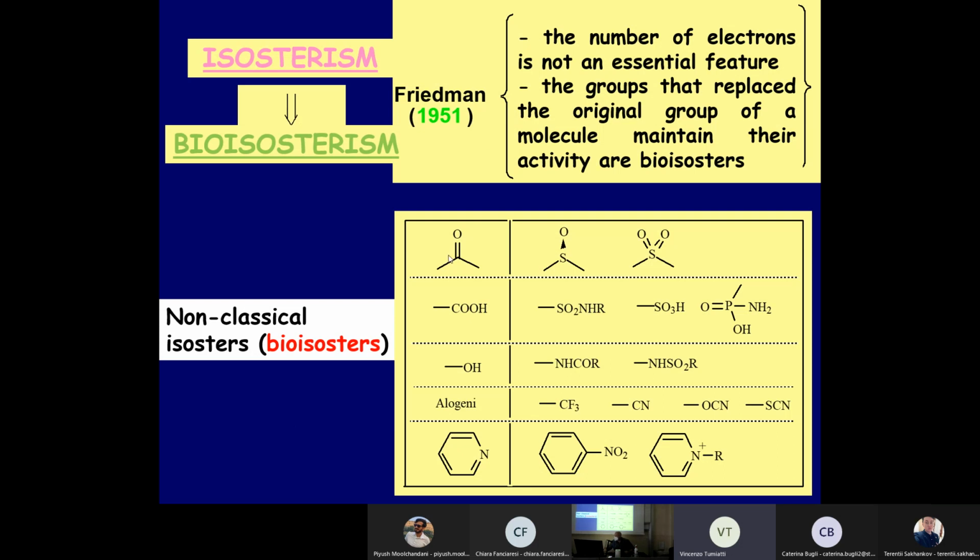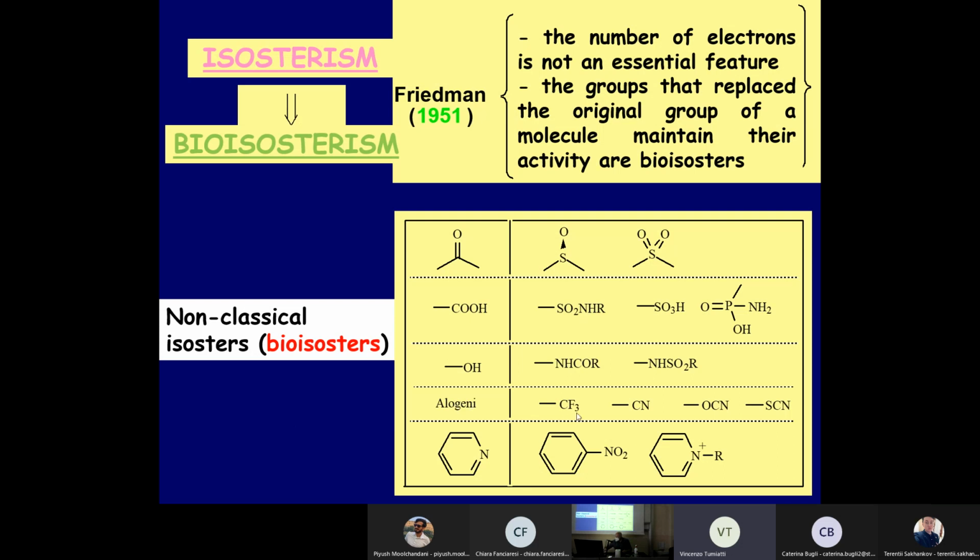So the ketone group, for example, the carbonyl group, can be replaced by a sulfoxide or a sulfone. The acidic carboxylic group, with other acidic groups. The OH with other groups able to give hydrogen bonds.